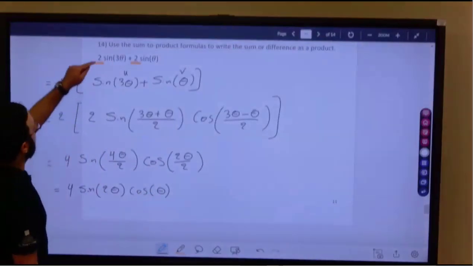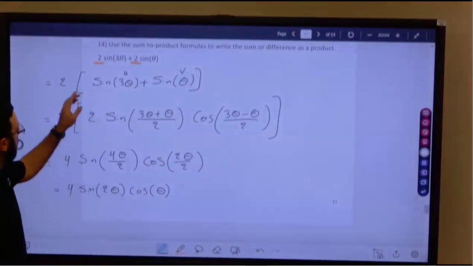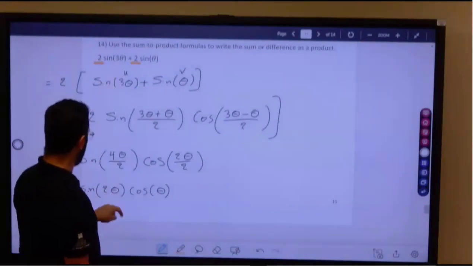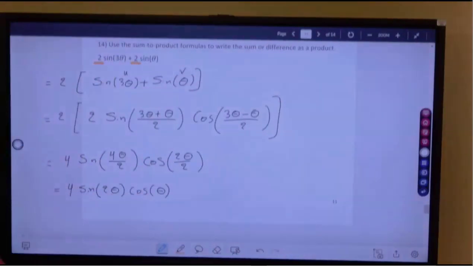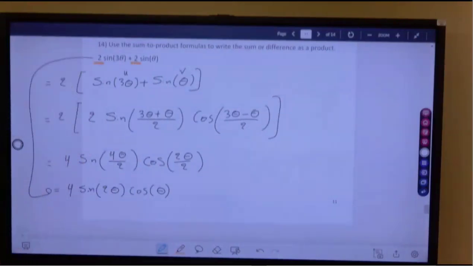We convert the sum to a product and check, the angles are totally different: 3 theta and theta become 2 theta and theta. So we convert from sum to product.